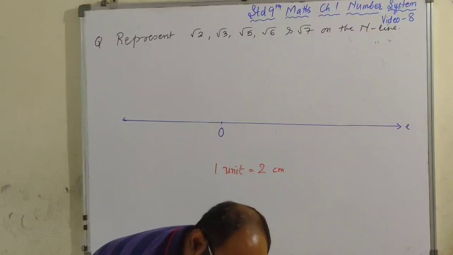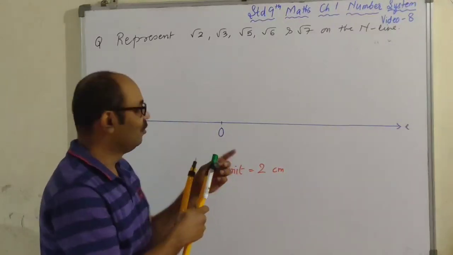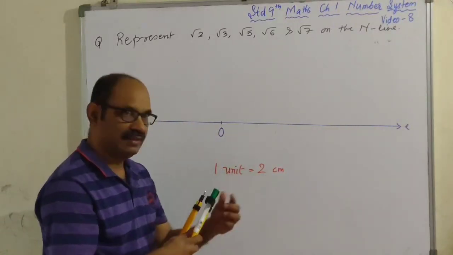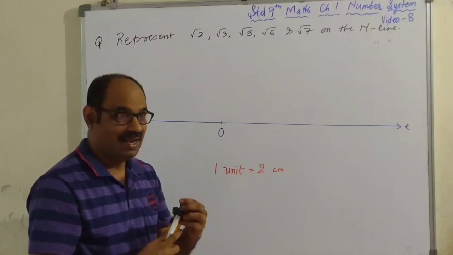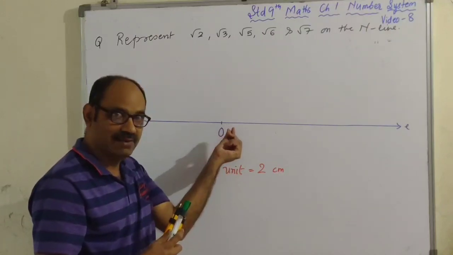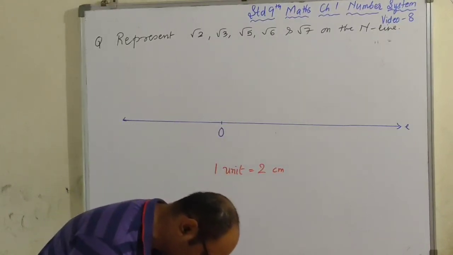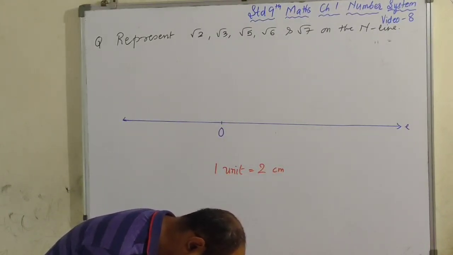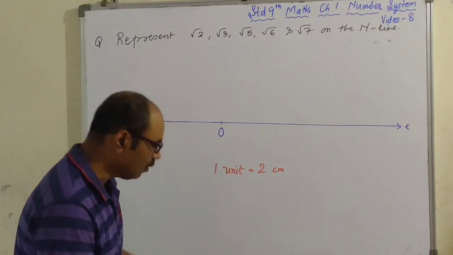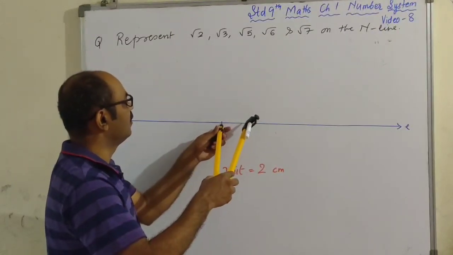Now I'm taking 1 unit, that is 2 centimeters. For me, I'll have to take more because 2 centimeters will be very small here, but you imagine it is 2 centimeters. Here it is.